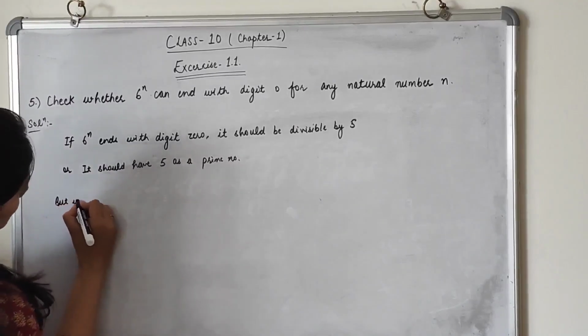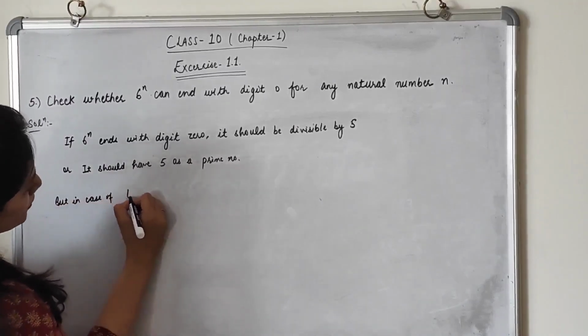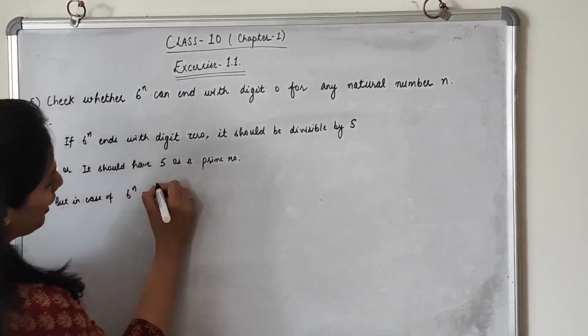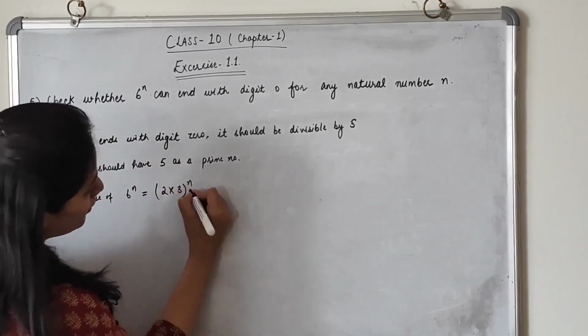But in the case of 6 raised to power n, we have 2 cross 3 to the power n.